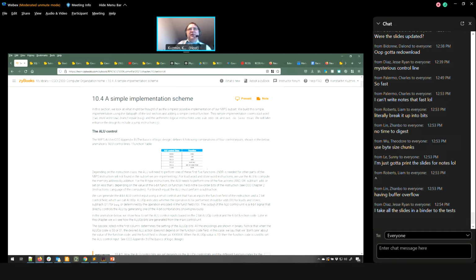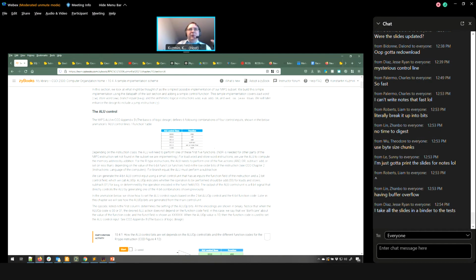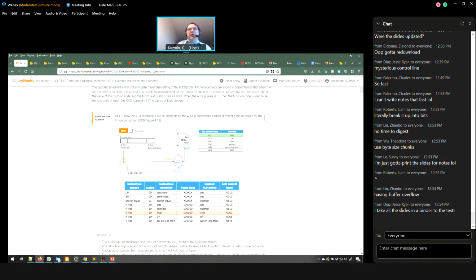In the textbook it's chapter 4, in zyBooks it's chapter 10, but it's of course the same material. It's what we just covered about all the control signals, starting from designing the ALU control and showing which bits are coming from which parts of the instruction. Remember, this is the opcode, this is the funct.